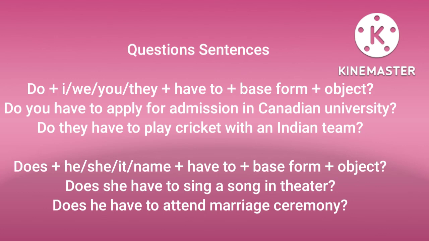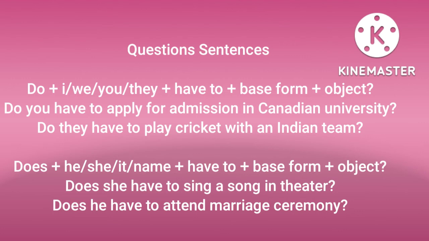First it should be does plus he, she, or it, any one of them. We cannot use all of them, we must use only one. So he, she, it, or a singular name, then plus have to plus base form of verb plus object, but at the end a question mark should be there.